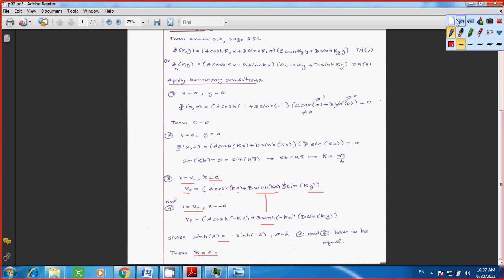So you end up with your phi(x,y) going to be only a term, and what? The term, right? So you have phi n(x,y) equal to A cosh kx multiplied by D sin ky.